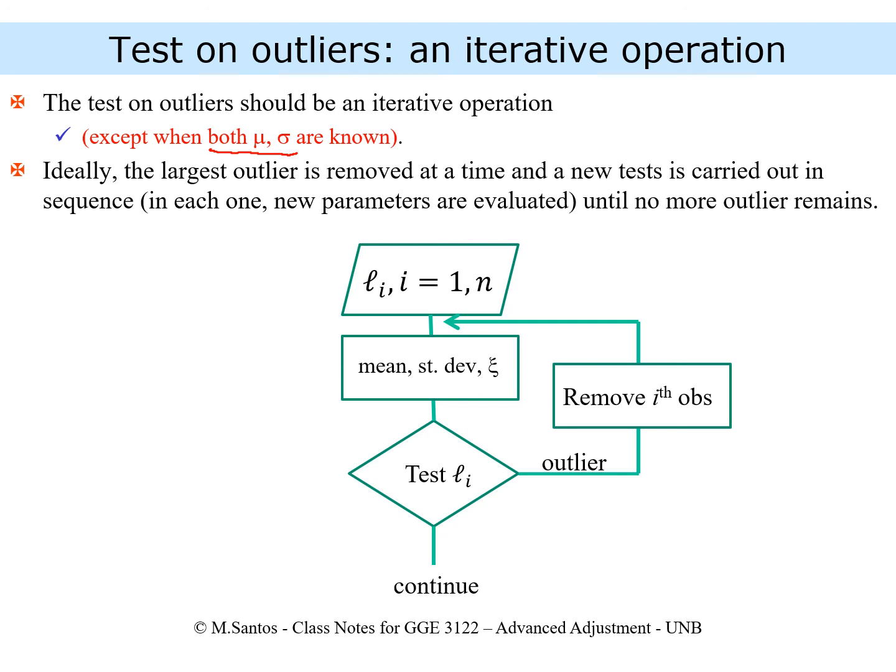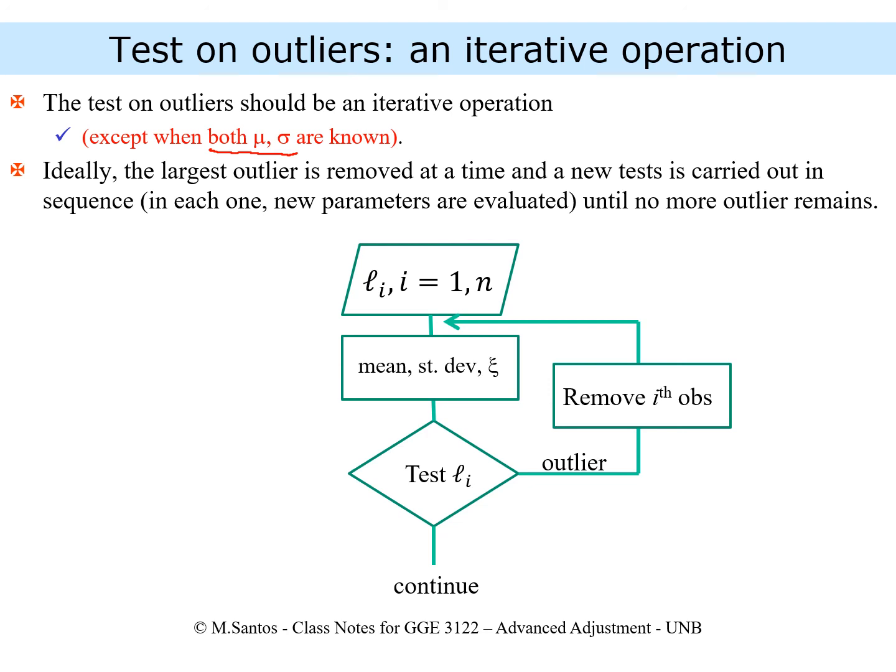When we remove the outliers and we evaluate sample mean and sample variance, they are now evaluated without the effect of the outliers, which might create new outliers. So that's why I recommend this test to be an iterative operation.